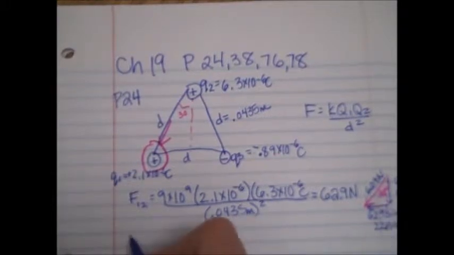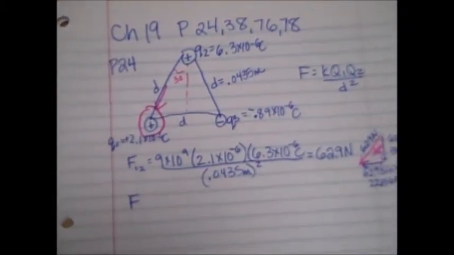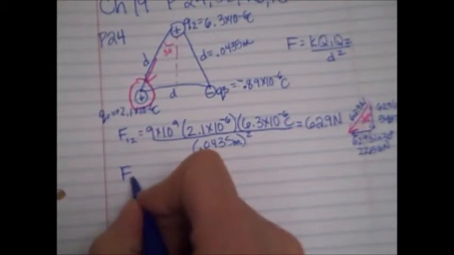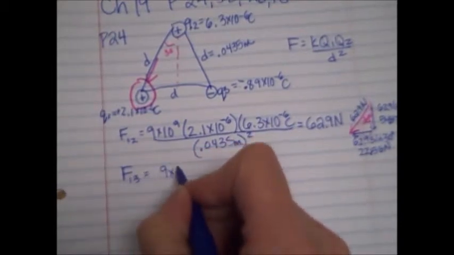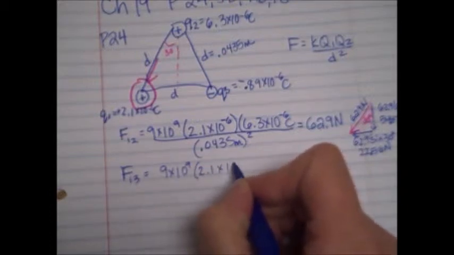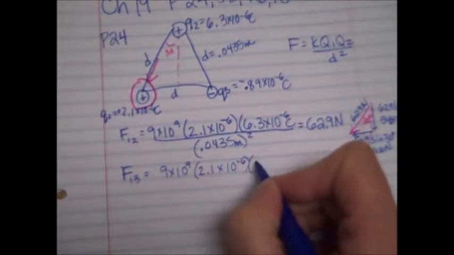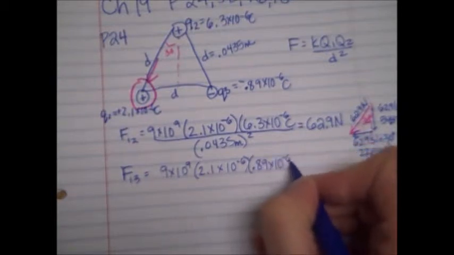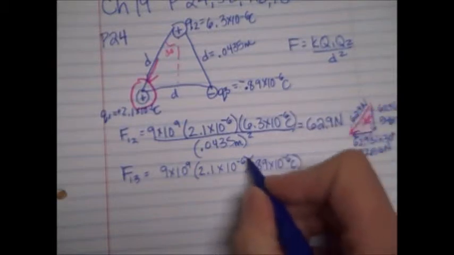Once we've got those two parts, we can also find the force between 1 and 3. That would be K Q1 Q3 divided by the distance squared. I never put in the negative charge.